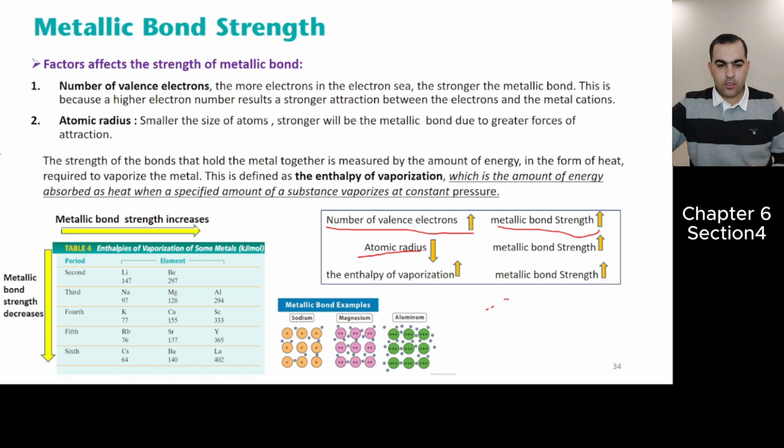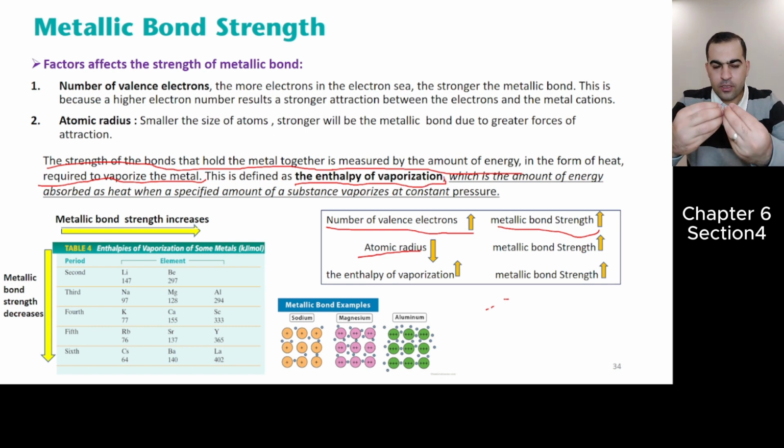Okay, so the strength of the bonds that hold the metals together is measured by the amount of energy in the form of heat required to vaporize the metal. This is called enthalpy of vaporization. Guys, to know how strong the metal is, we must measure it.